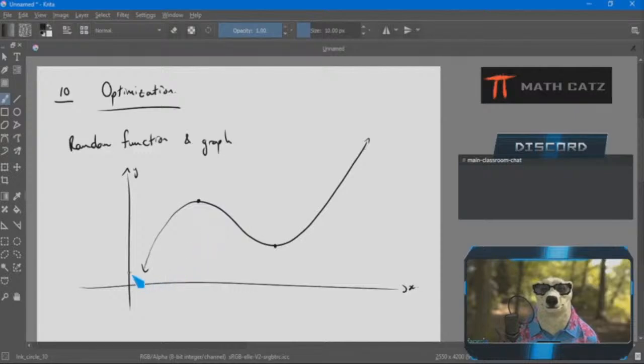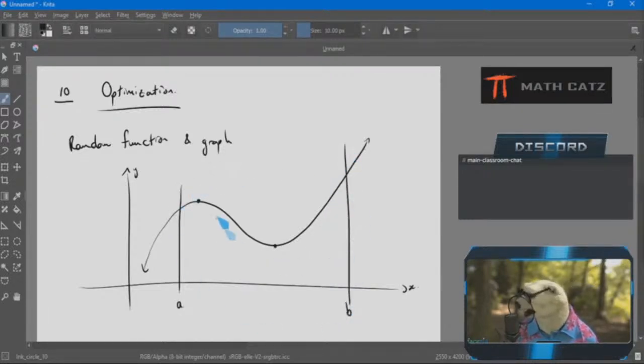Now, usually the functions that we look at are defined for all values of x, or most values of x, and they keep going forever, far to the left and far to the right. But when it comes to practical problems, often I have a restriction on the x values. Perhaps my x values are cut off, and for practical reasons, I'm only looking at this window a to b.